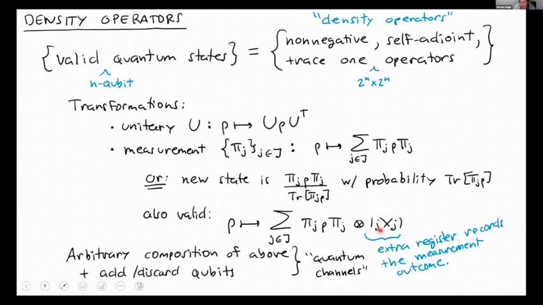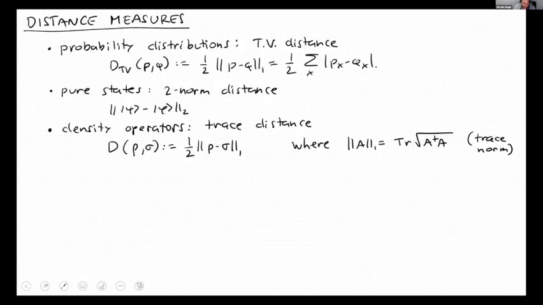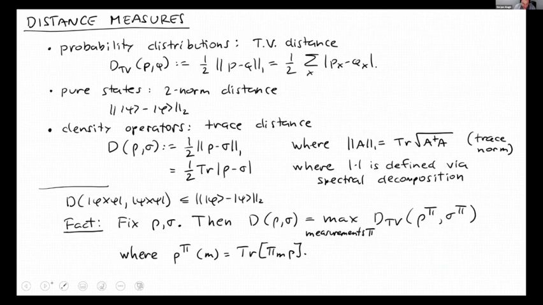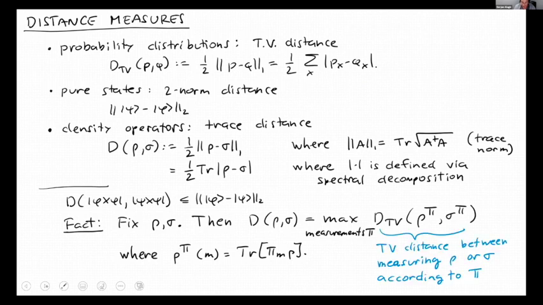And of course, one can arbitrarily compose these things to get arbitrary quantum operations. So I think I'm out of time, but let me just put up the last slide here, which is about distance measures, and just say a word or two about it. Certainly everybody's familiar with total variation distance on probability distributions.